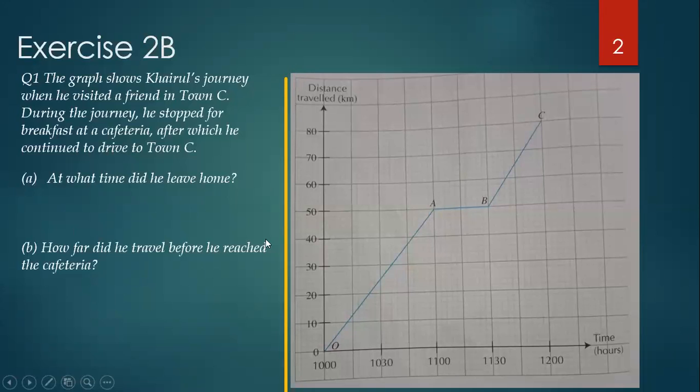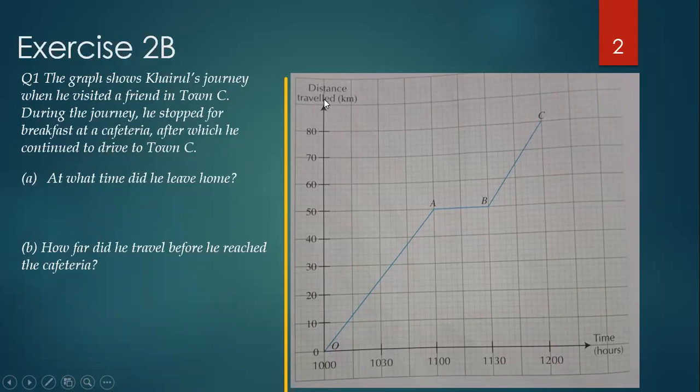As you can see, we have a graph here, and on the y-axis we have the distance that Carol traveled, and on the x-axis we have time, and it is a 24-hour clock. So we can read 1000, 1030, 1100, 1130 hours, and 1200 hours.